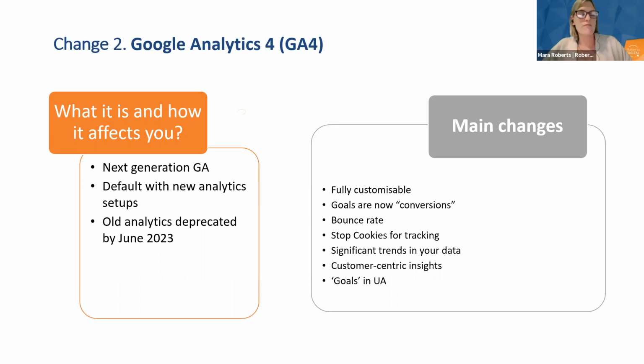So GA4 is very much based around user behavior and flow, and understanding how people are using your website, which is the exact kind of information that you need for search engine optimization these days. I think the days where we had websites with reams and reams of information, and whether people used it or not didn't really affect us, are over.